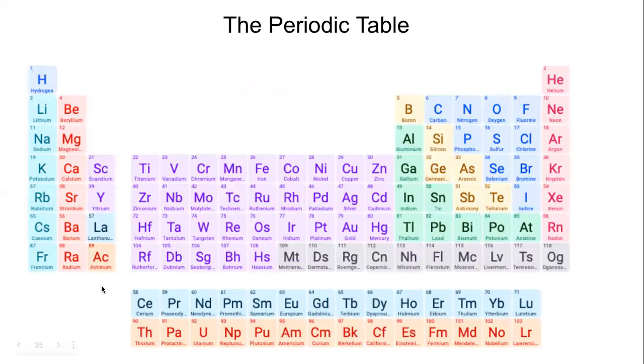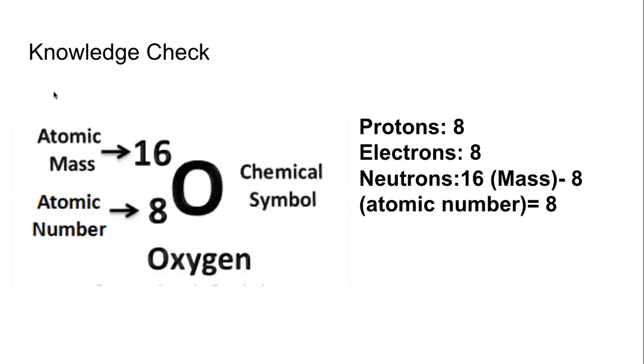So here is the periodic table, and you can see here the mass isn't shown on this periodic table, but you'll see the atomic symbol here. Hydrogen has H, and then this is the atomic number here. And typically the mass would be at the bottom.